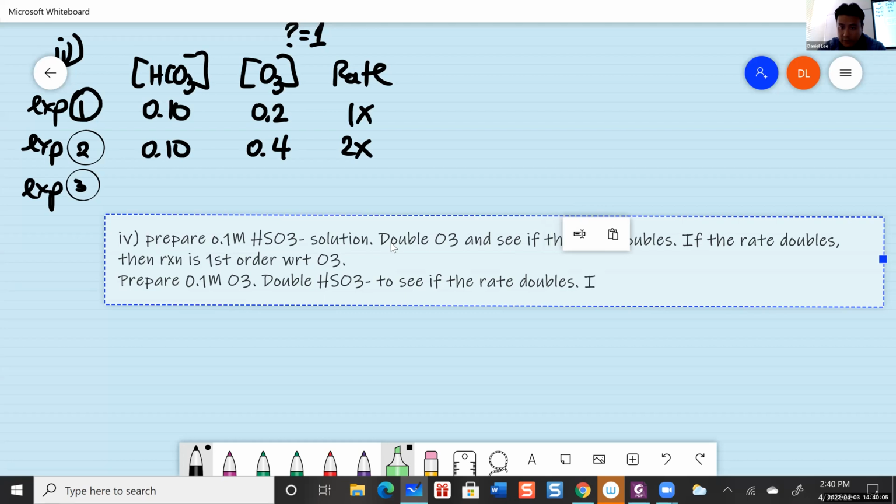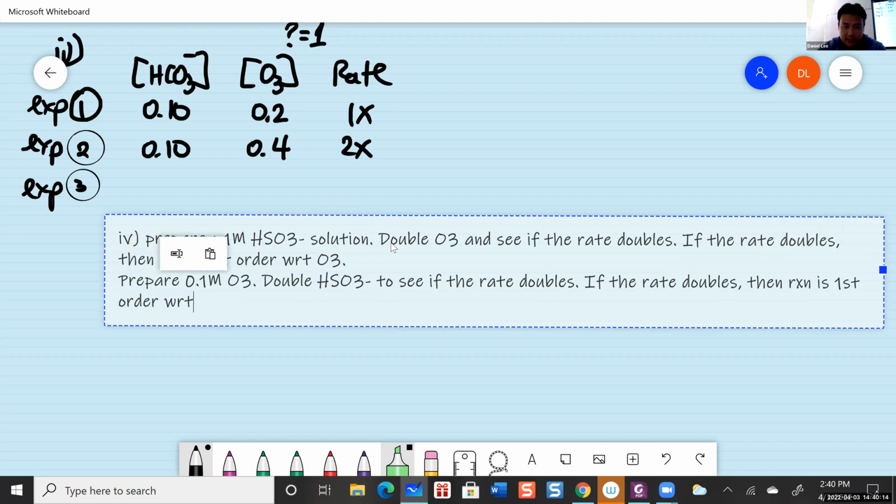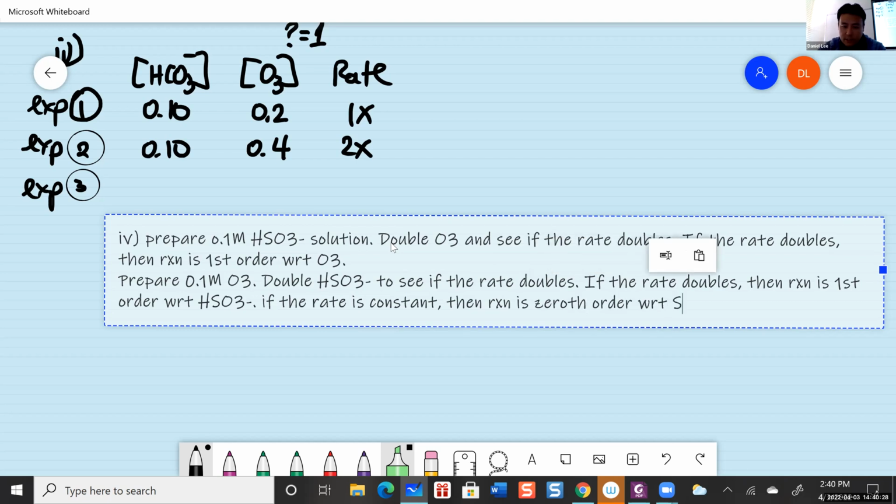If the rate doubles, then same thing, the reaction is first order with respect to HSO3 minus. If the rate is constant, then the reaction is zero order with respect to HSO3 minus. So you get the idea.